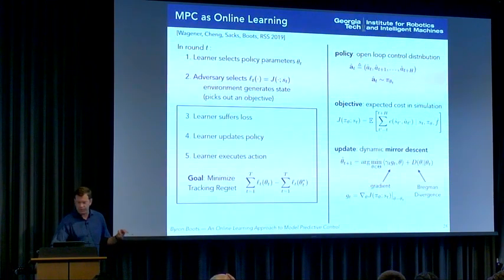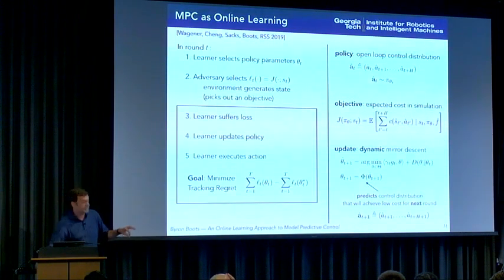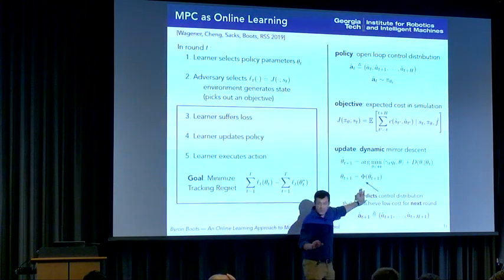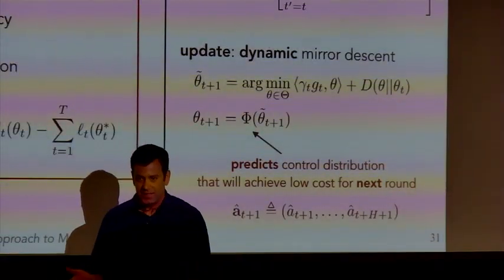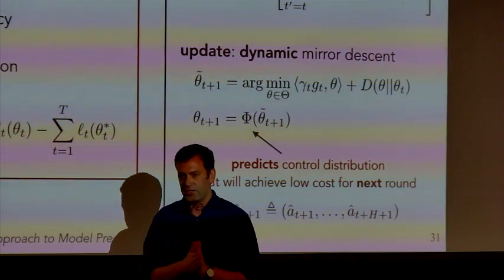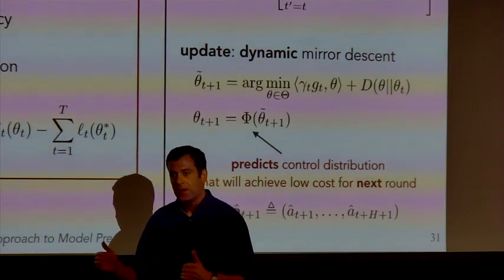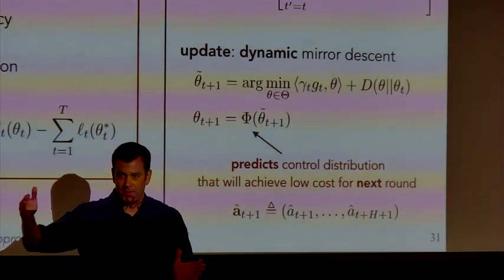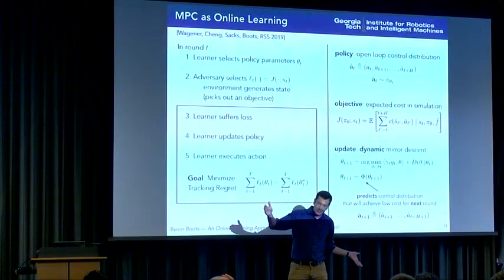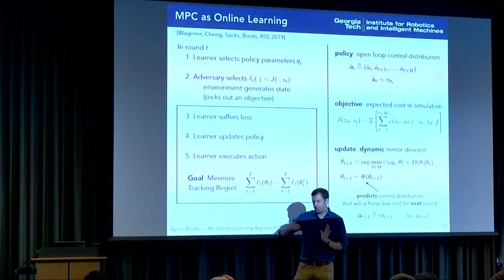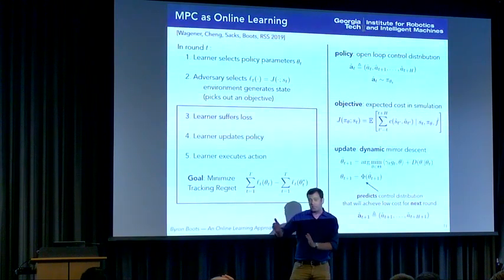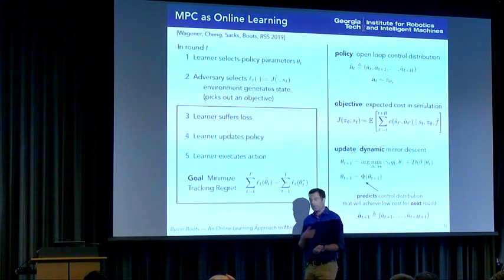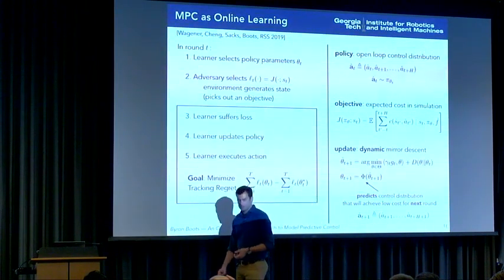So this could be anything, but for MPC, what we're going to use is a shift forward operator, which is going to basically extend our distribution by one time step and then marginalize, right? And generally this will be a shift forward, and if it's a Gaussian, it'll be a shift forward and an increase in the covariance, right? So you can think about it as something almost like a Kalman filter.